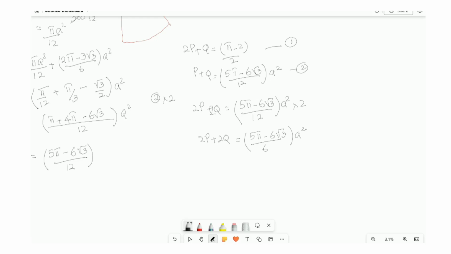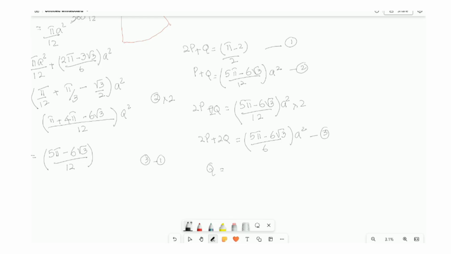Say this one is equation 3. If I subtract 1 from 3, 2p plus 2q minus 2p plus q, then when you subtract it is equal to q.